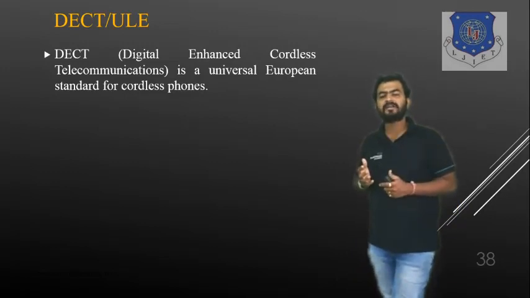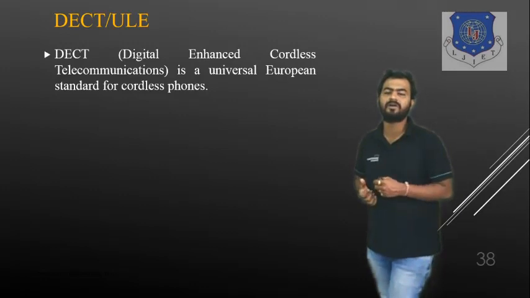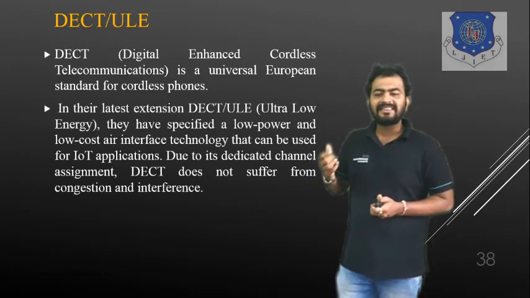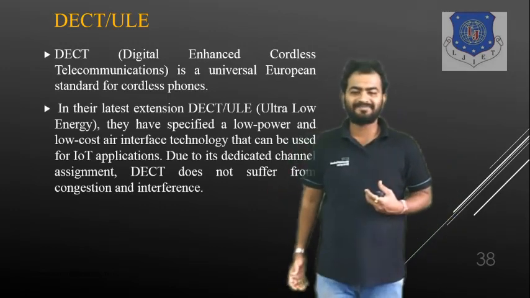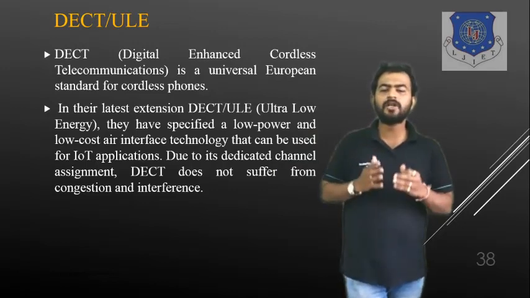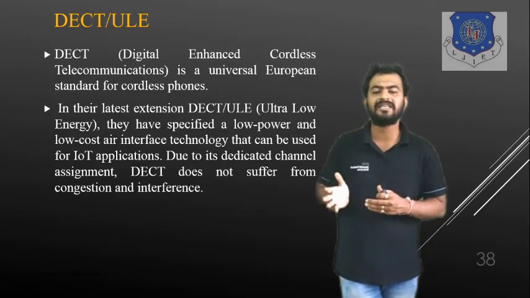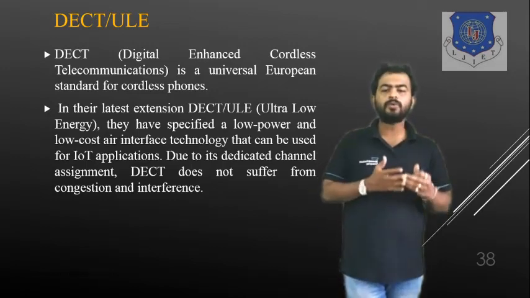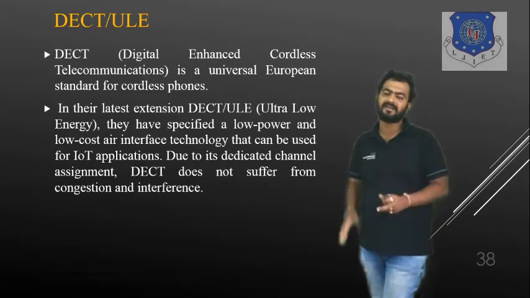In that technology we use the DECT communication protocol because it works on digital enhanced cordless telephones. The latest invention is ULE, meaning ultra low energy. They have specified a low-power, low-cost air interface technology that can be used for IoT applications. Due to its dedicated channel assignment, DECT does not suffer from interference.